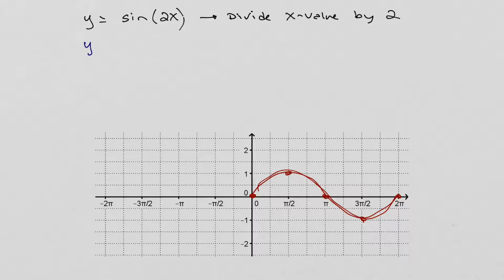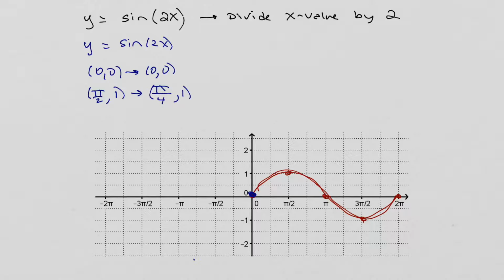So this function y equals sine of 2x, we'll take all these points and divide the x value by 2. Right? So 0, 0 will become 0, 0. The point pi over 2 comma 1, divide that x value by 2 or multiply it by a half, gives me pi over 4 comma 1.